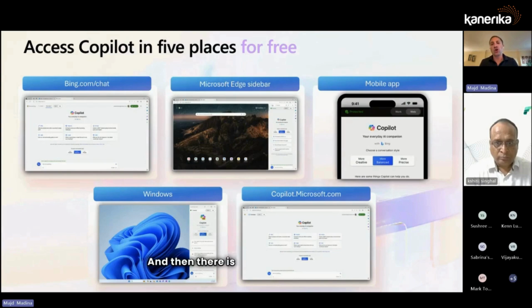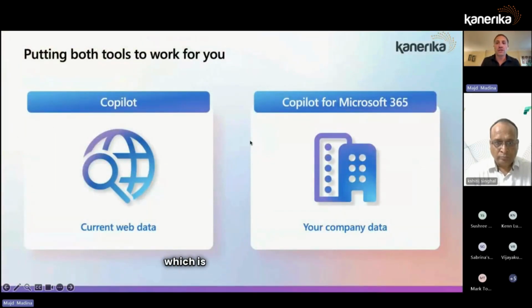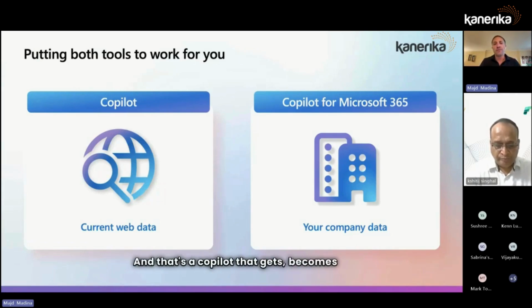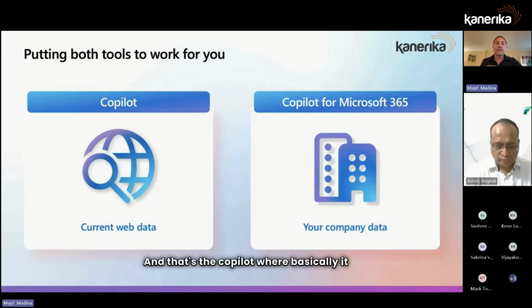And then there is the Copilot for Microsoft 365, which is this one right here on the right, the advanced one, and that's a Copilot that becomes available in all of your Office apps, as we will see. It doesn't even need to be connected to the internet if you don't want it to. It can just be connected within your Microsoft Graph of the company.